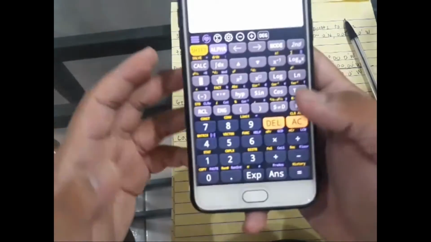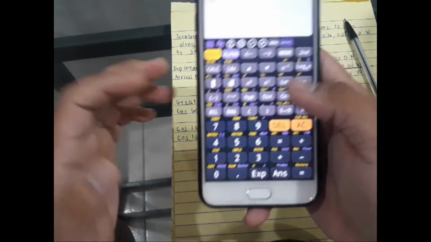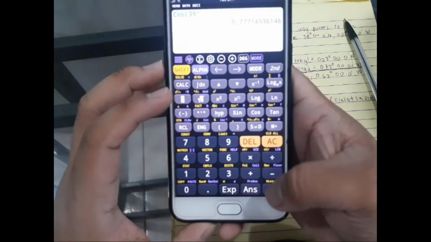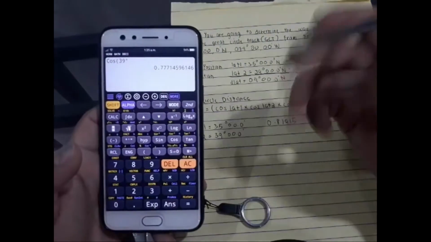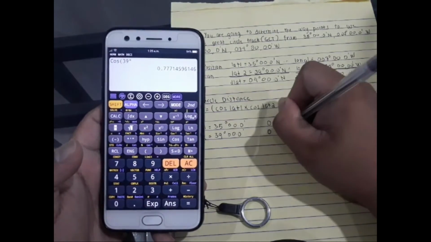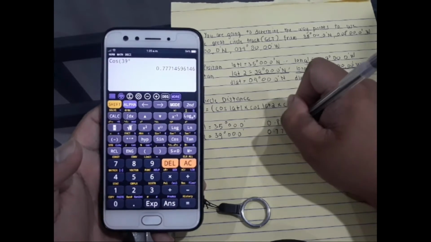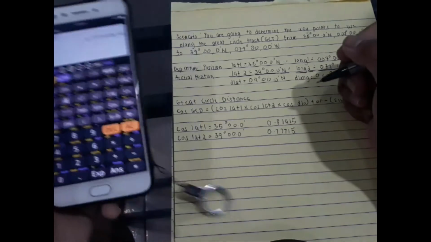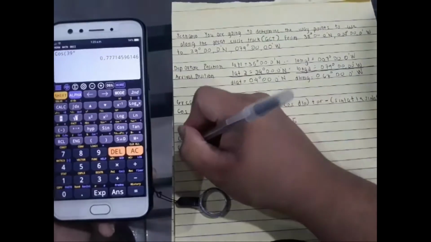We press cos and 39 degrees, which equals 0.77715.